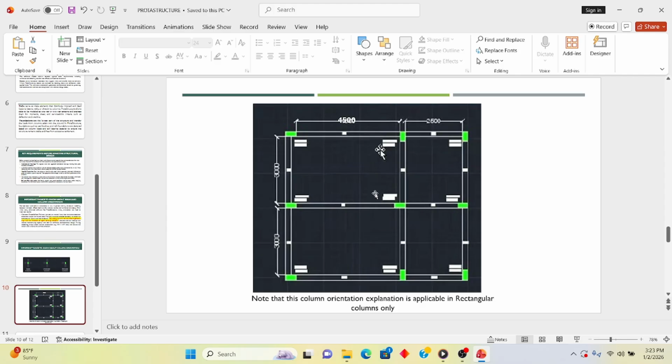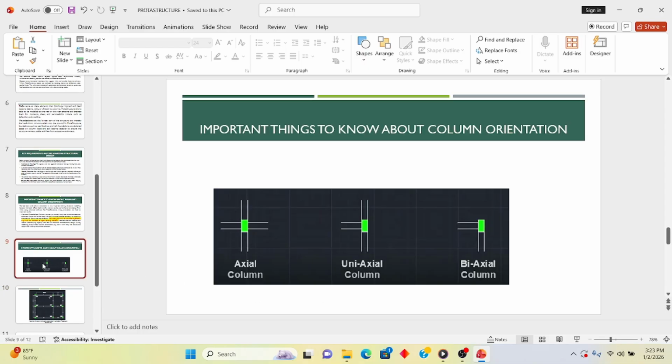Okay, so let's look at this one. From the look of it, it looks as if this should be an axial column. We said an axial column is a column that's subjected to load in all four directions. Now you must note one thing: not just load in all four directions, but equal load.